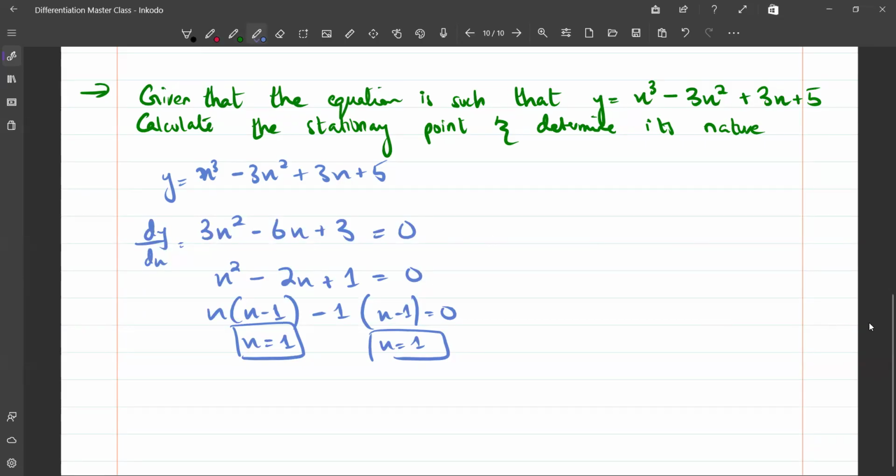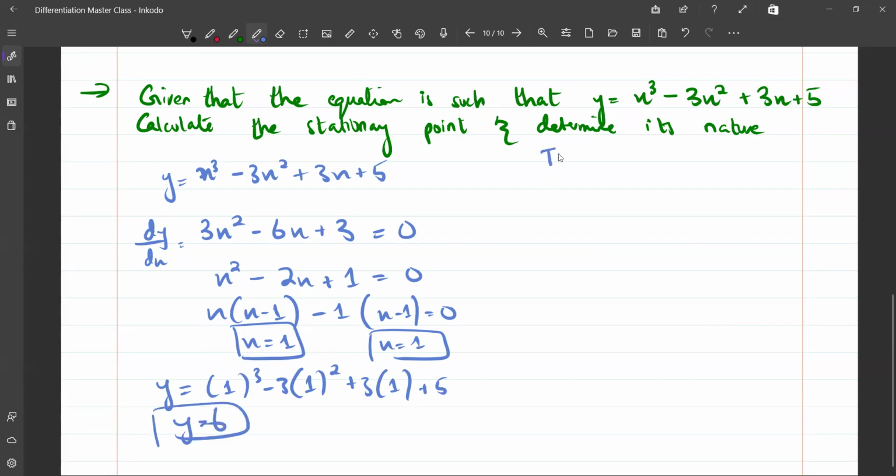The x coordinate of the stationary point is 1. So the y coordinate would be y is equal to 1 cube minus 3 times 1 square plus 3 times 1 plus 5. y is 6.